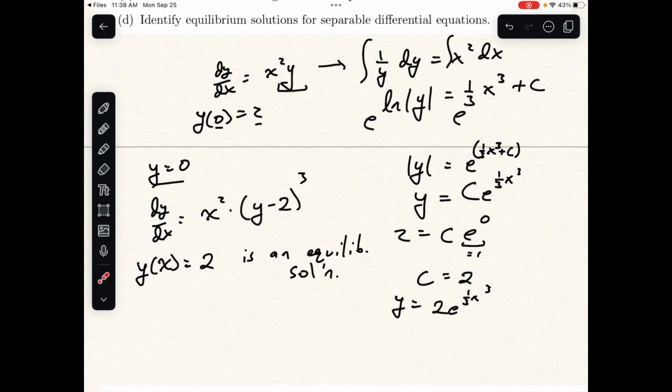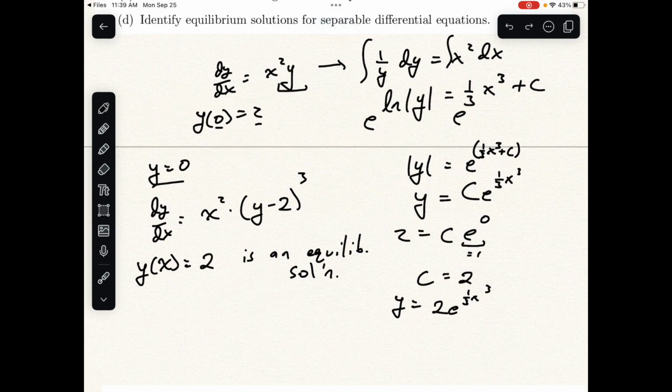And the relevance of this is, if you were to solve this differential equation, your final answer might not account for the constant function y of x equals 2. If you do this whole separate and integrate thing, this might not be a part of your final formula for y.